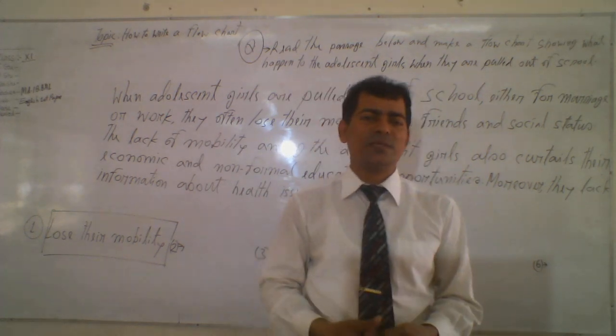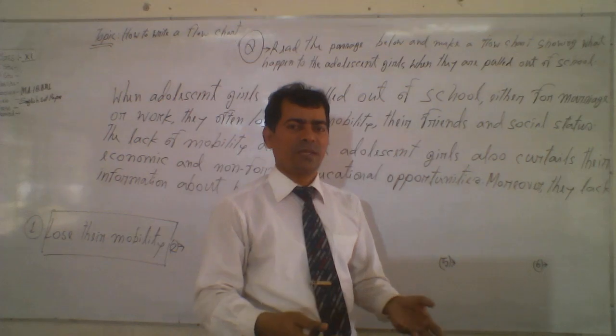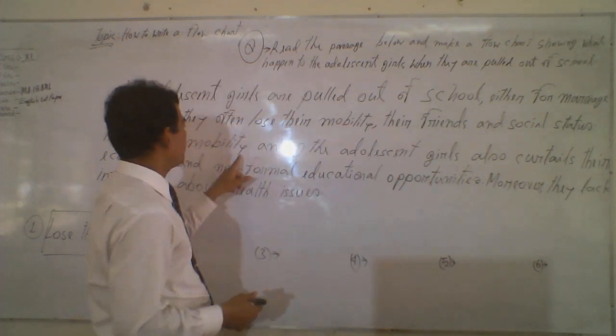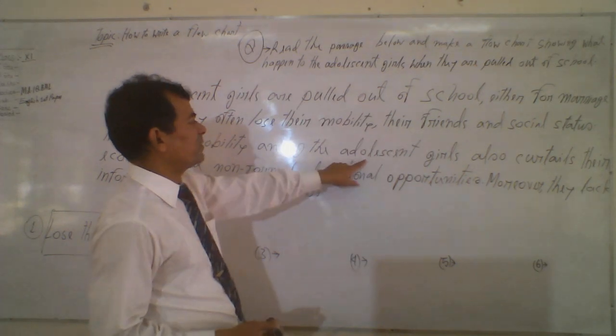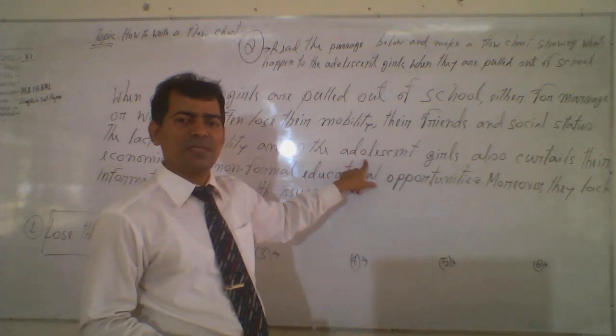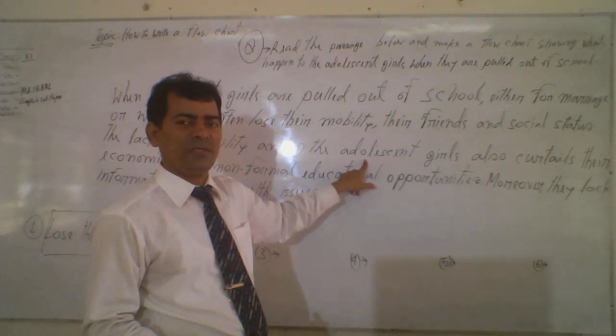They lose their social status, they lose their friends when they are out of school and get married. The lack of mobility among the adolescent girls. When adolescent girls are out of school and get married, they lose their mobility, freedom of movement.